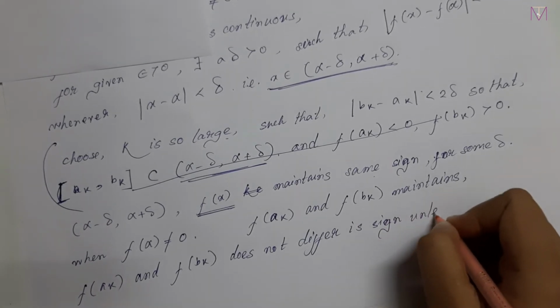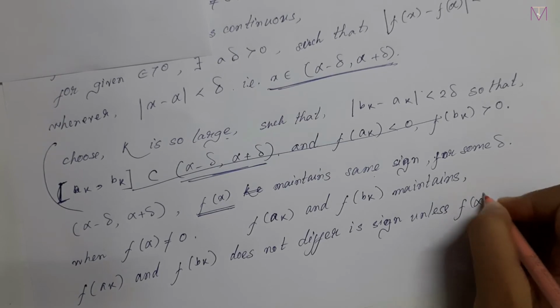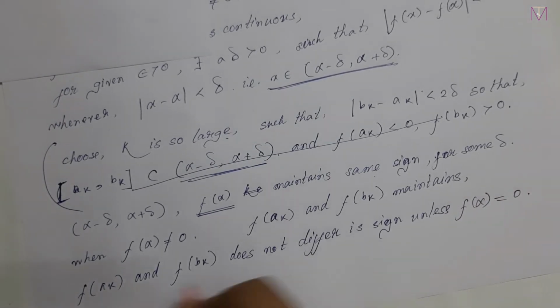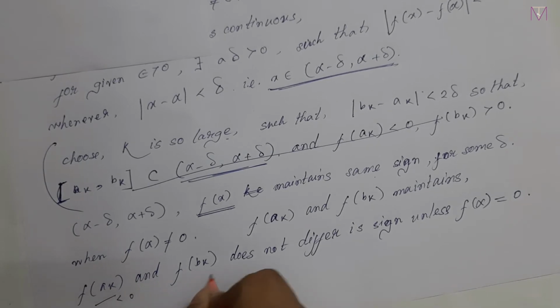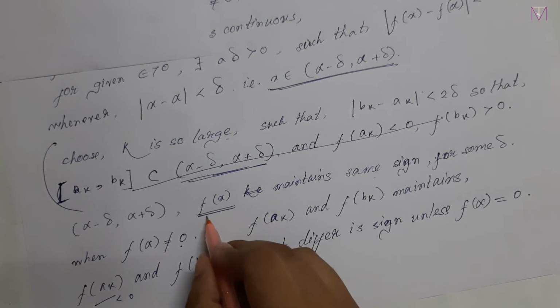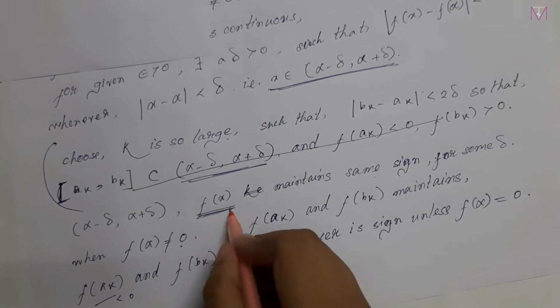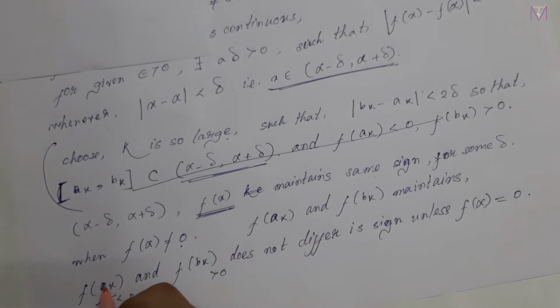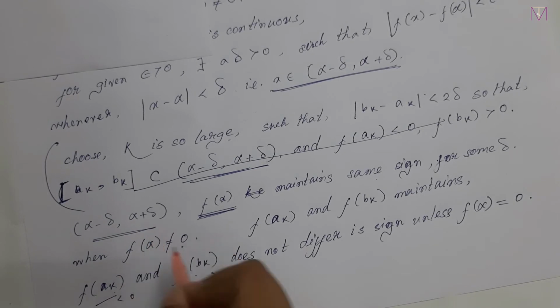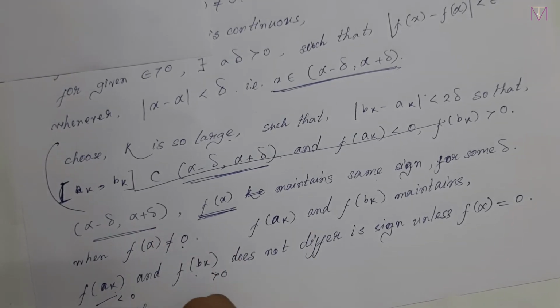Unless, obviously, f of alpha is equal to 0. If f of alpha is equal to 0, then this is less than 0 and this is greater than 0. But if f of alpha is not equal to 0, then by the neighborhood property f of ak and f of bk maintain the same sign in this interval. Hence the theorem.